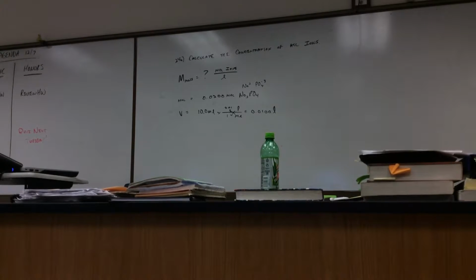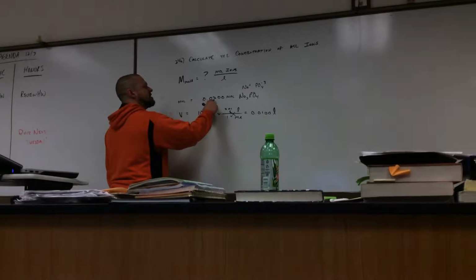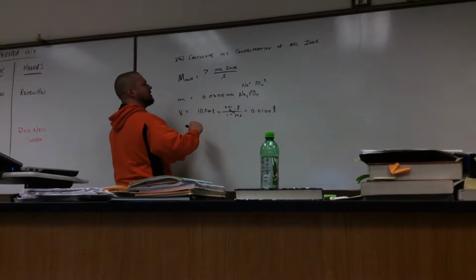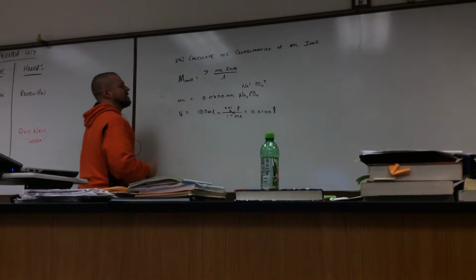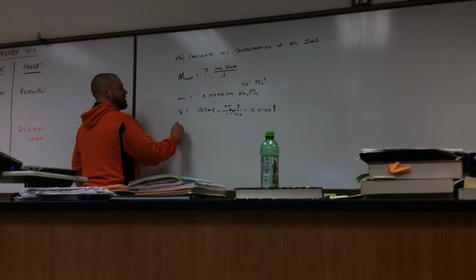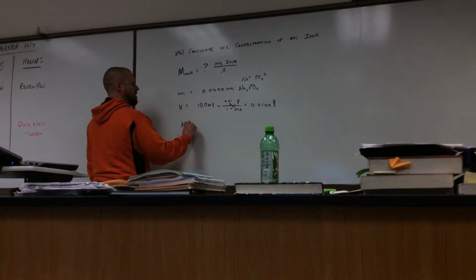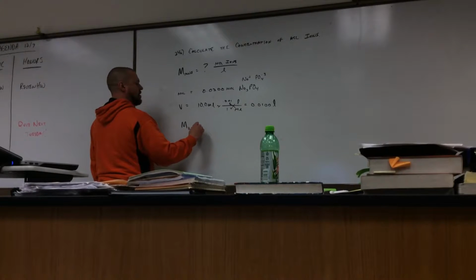We just got moles and we got liters. That's the things we need up here. But the thing we've got to keep in mind is this is moles of the compound, not moles of ions. So there's a couple ways we could do it, but one way I would do it is just to calculate, say, the molarity of Na3PO4.